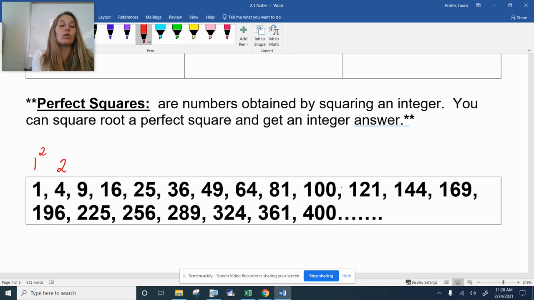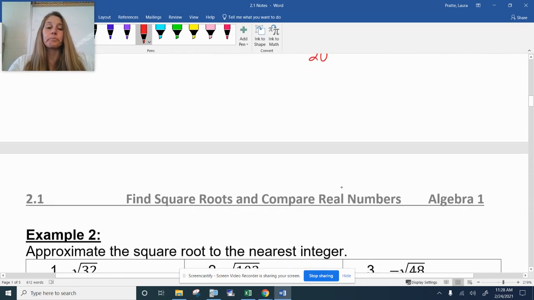If I did 2 squared or -2 squared, I would get 4, and so on. And so this chart is going to take us all the way up to 20 squared, which would equal 400. So this is just a nice little reference for you, so you're familiar with the numbers that when you square root them, you will get an integer.